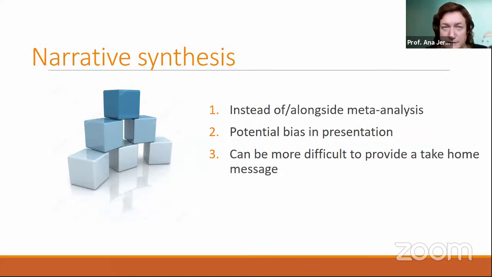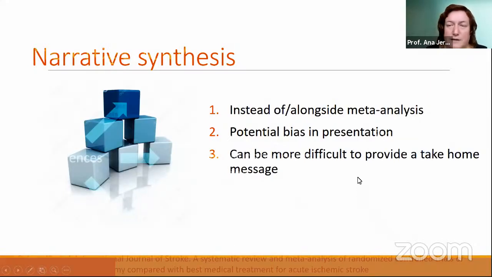Like in the slide with mortality, we can say we cannot exclude there is no effect, or we can say, okay, this confidence interval is wide, it allows from moderate to no effect, and we need to increase the number of studies. So we can present things differently, and it can be more difficult to provide a take-home message.